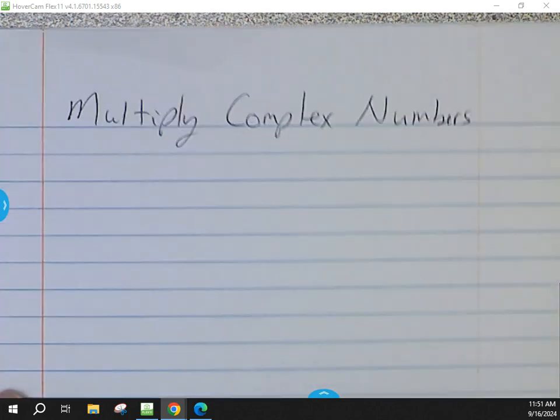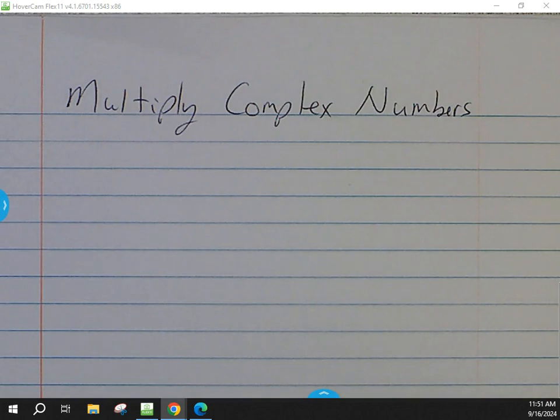Okay, when we start to multiply complex numbers, it's either going to be one of two things. It's either one of two things on this one. It's either going to be distributed property, or it's going to be doing the full method.